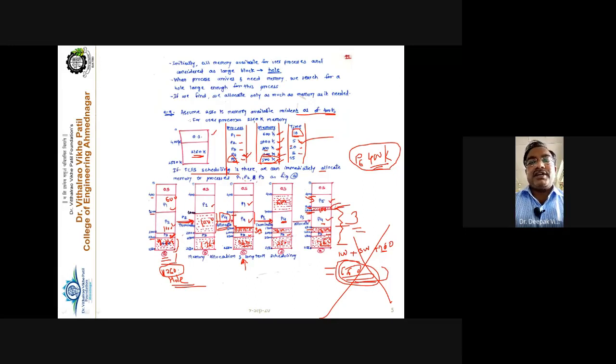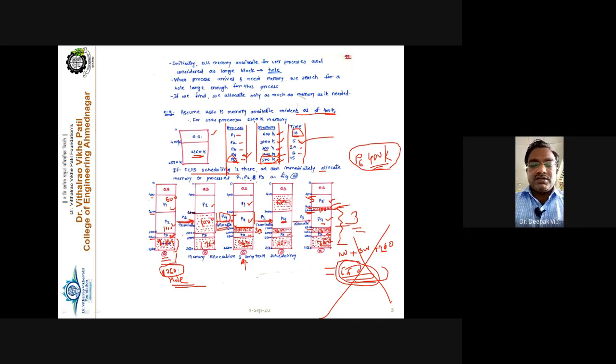The holes are scattered inside the main memory, and this phenomenon is called the external fragmentation of the memory. So we can say that memory is fragmented. Main memory, though it is available, is not in a contiguous format. It is in the form of fragments. There are different fragments of memory scattered inside the main memory.